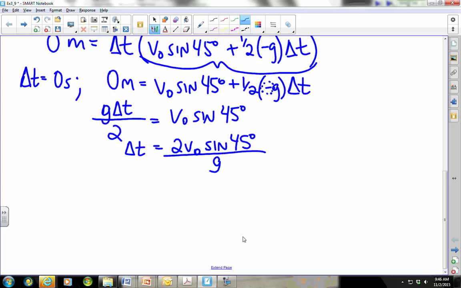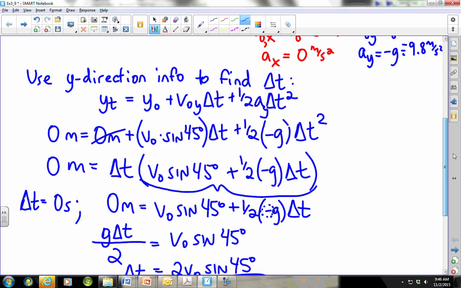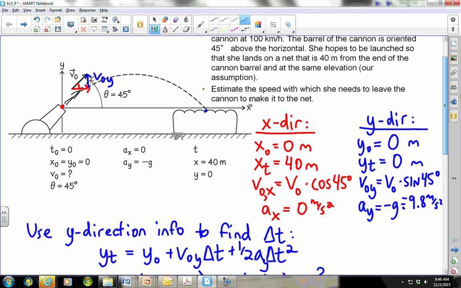I'm going to leave that for now. But now that I have time in terms of initial velocity and g, which is a constant, that's great, because then I can solve for v naught, because I know the displacement in the x direction, which gives me more information I can use.